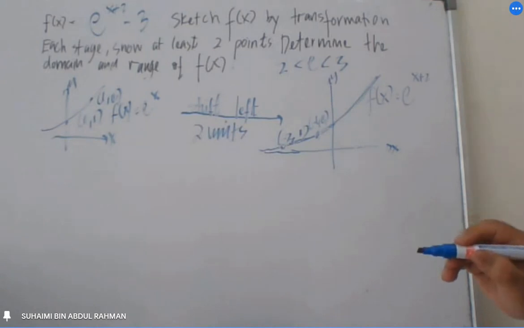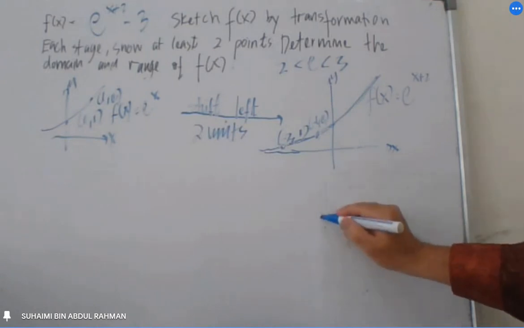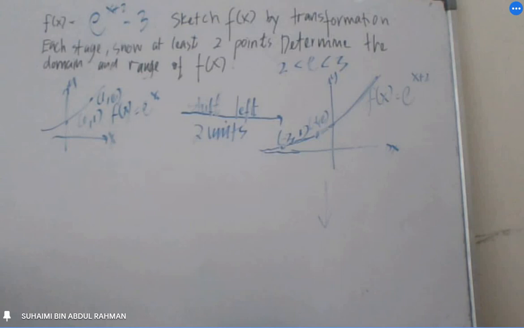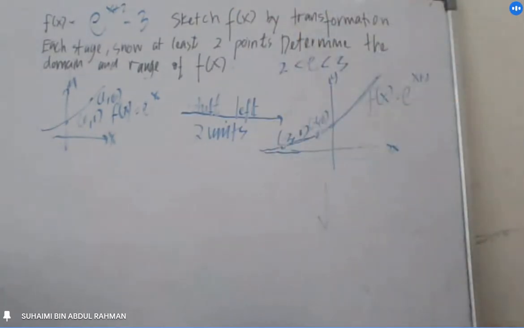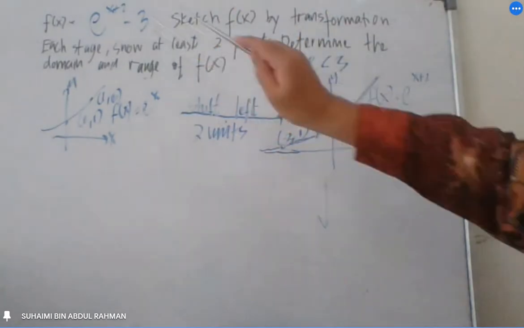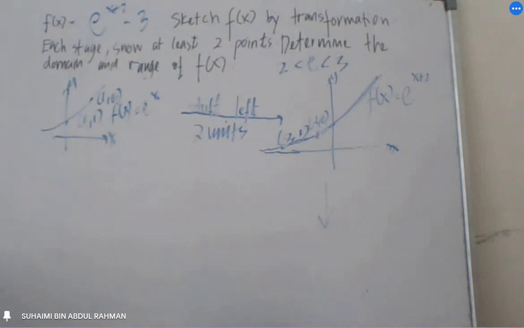Then what do we have? Then what transformation do we apply to this graph? We want to sketch this. Vertical shift. Okay, vertical shift. Shift to where?